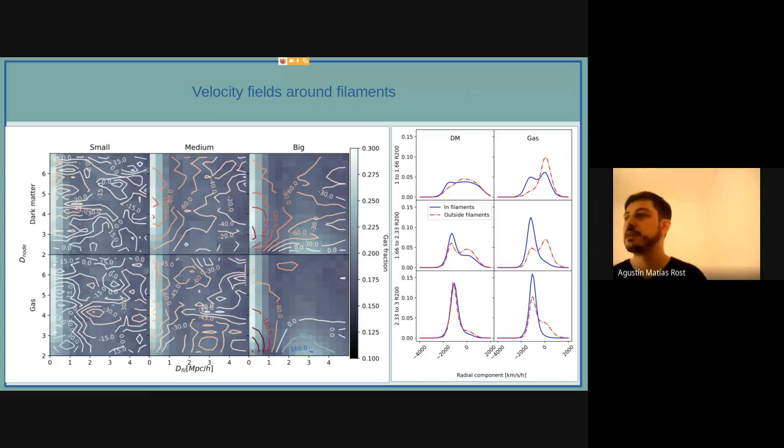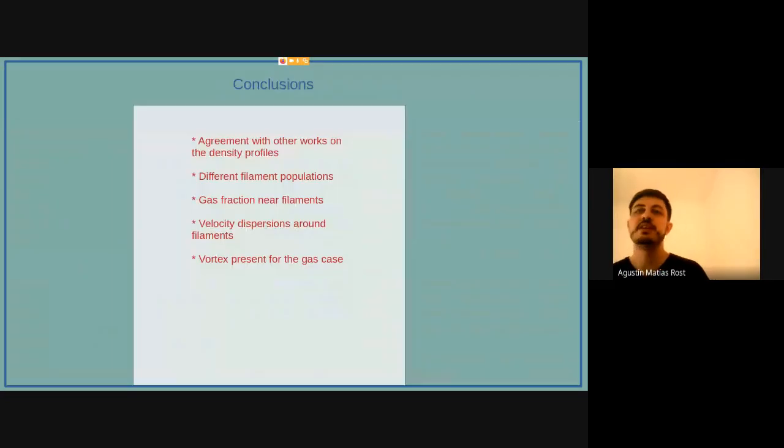So this is important. And in general, we see an agreement with other works in regards to the density profiles. We see a core and a power law decay. We see that different populations of filaments have different properties. The filaments that are associated with big nodes tend to be thicker, and the gas fraction tends to increase towards the filament spine.